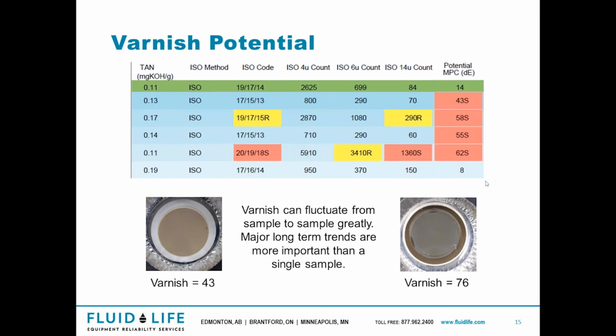And it also often coats out onto cooler systems, reducing their effectiveness and insulating them like a blanket. And so it becomes a cascading effect of more varnish creation the more that it plates out onto the cold surfaces. So again, it's a very important aspect to keep your eye on, but it's not the smoking gun that's going to tell you to change your oil or do a remediation effort.